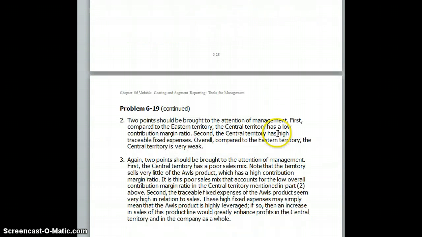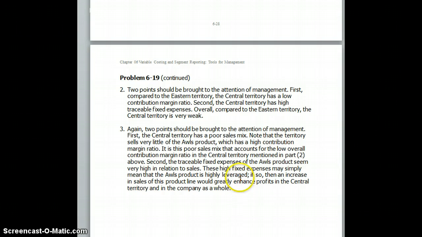All right, there's a lot of risk with this product. Therefore, in times of downward sales or sales decline, it's going to perform negatively or poorly. Therefore, we need to somehow find a way to improve the sales revenue of the All product. This concludes our discussion of exercise or problem 6-19 on page 263.